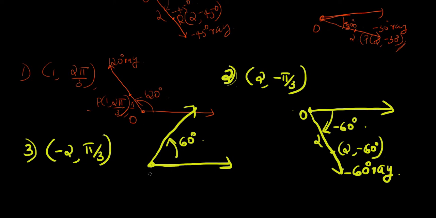The distance is -2, which means move in the backward direction. 2 distance in the backward direction. This is the point. Since this is in the backward direction, that is (-2, 2π/3). This is the point. Okay. So this is the polar representation of a point in two dimensions. Okay. So in the next video, we can move on to some more problems. Okay. Thank you.